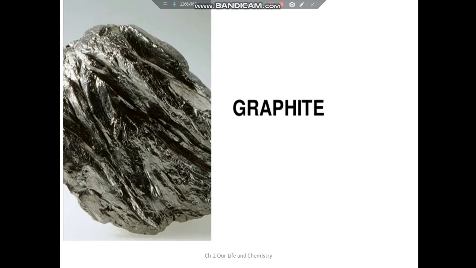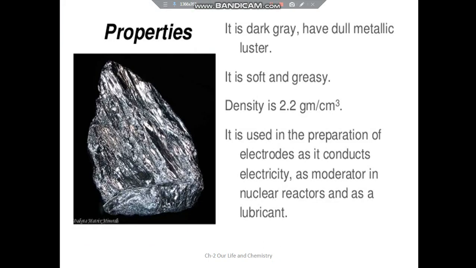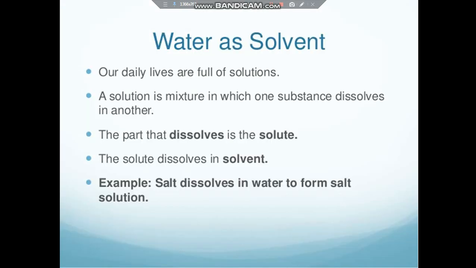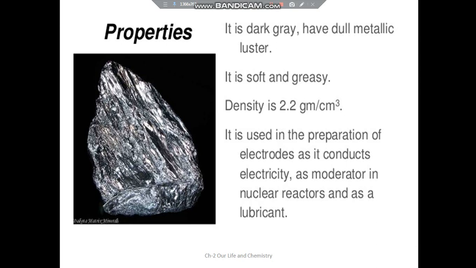Let's move on to the other allotropic form, which is graphite. Graphite is a dark grey colored substance, and it is soft and lighter than diamond. It is greasy. Its density is from 2.3 to 2.5 grams per centimeter cube. In graphite, carbon atoms are arranged in layers upon one another, as you can see on page number 26, figure 2.2.